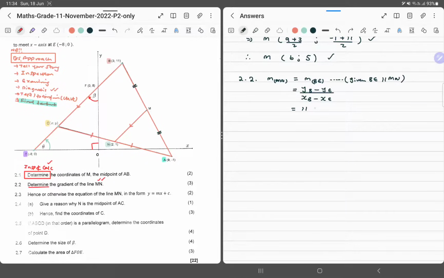Therefore y at B is 11 minus 0, then x at B is 3 minus minus 8. So this is 11 over 11, which is basically going to give us 1. So that's it. We expected a positive gradient because we are testing it by checking it out.